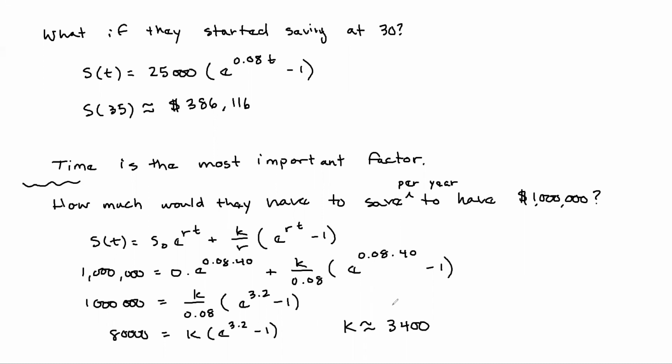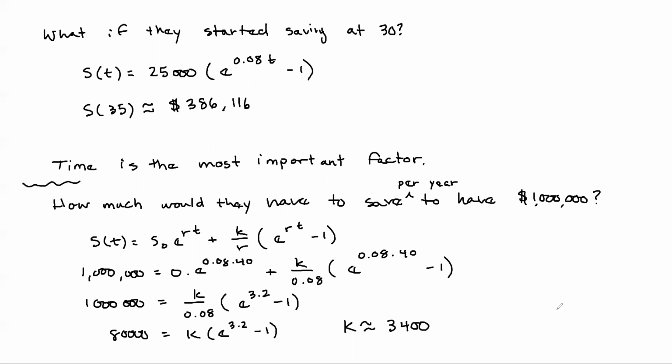And so if you're age 25 or below and you want to have $1 million when you retire, then $3,400 per year, that's about $300 per month. So if you can save $300 per month toward retirement, then you could have $1 million, as long as you maintained that savings.